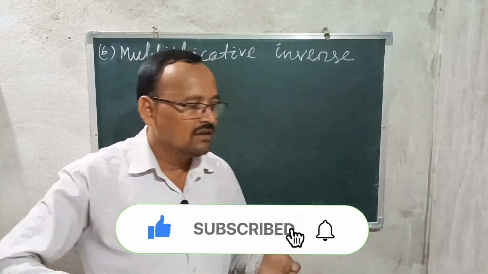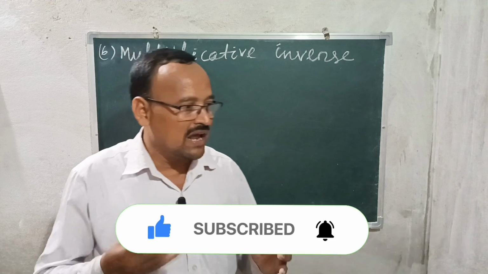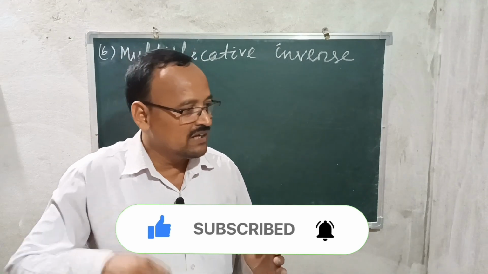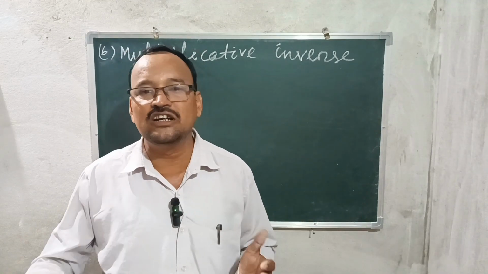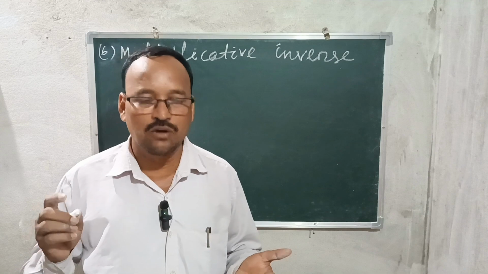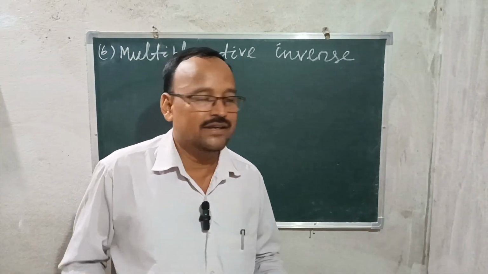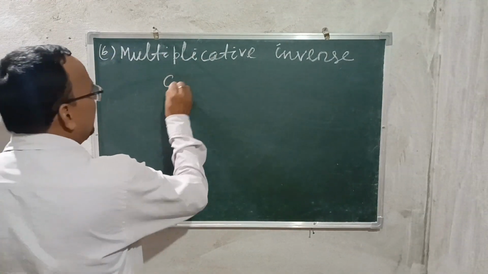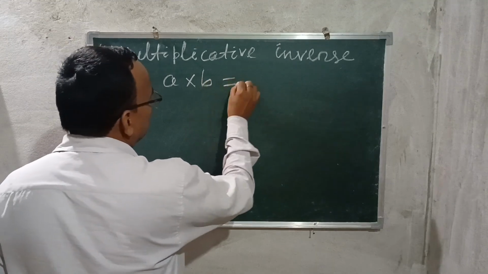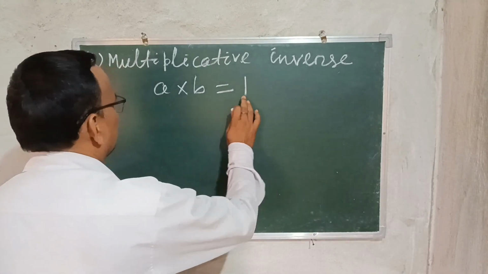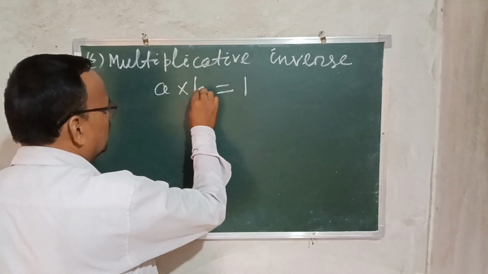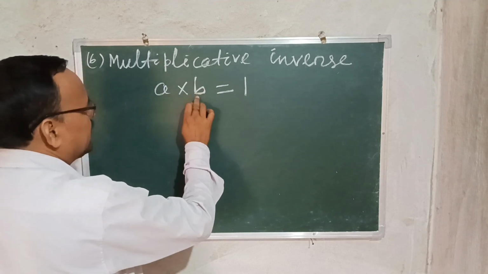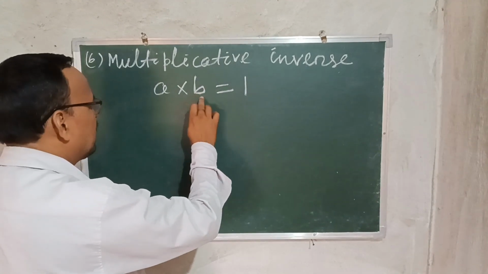That means when an integer is multiplied with its multiplicative inverse, the result is equal to the multiplicative identity. For example, a into b is equal to 1. So here b is called the multiplicative inverse of a.